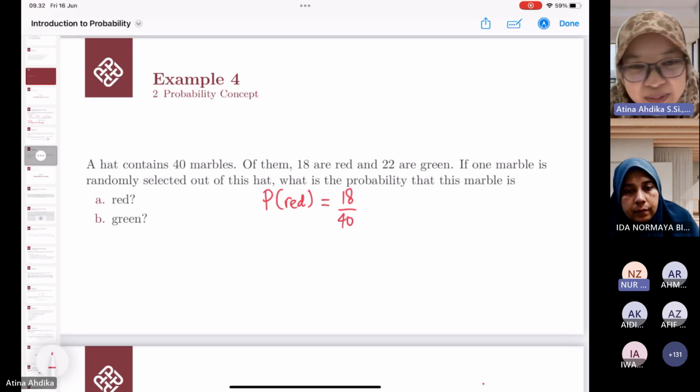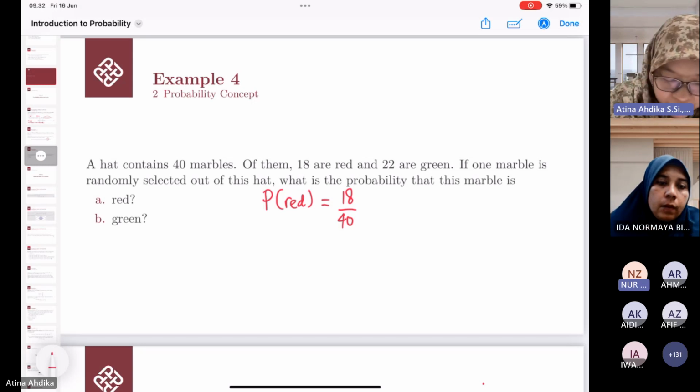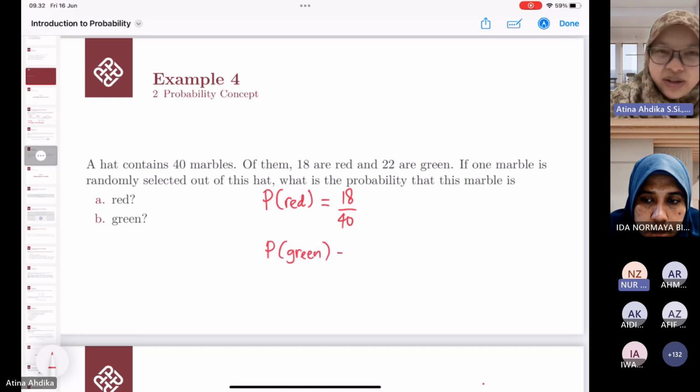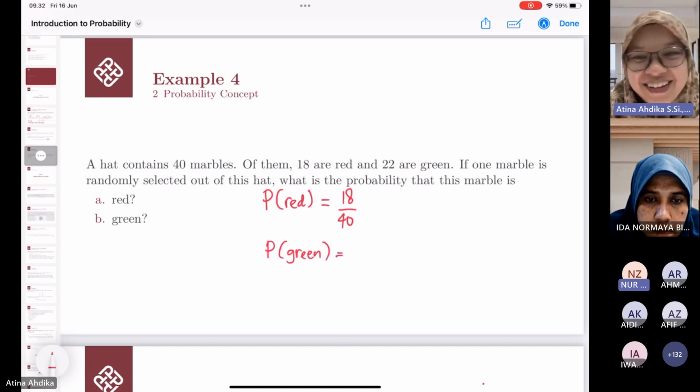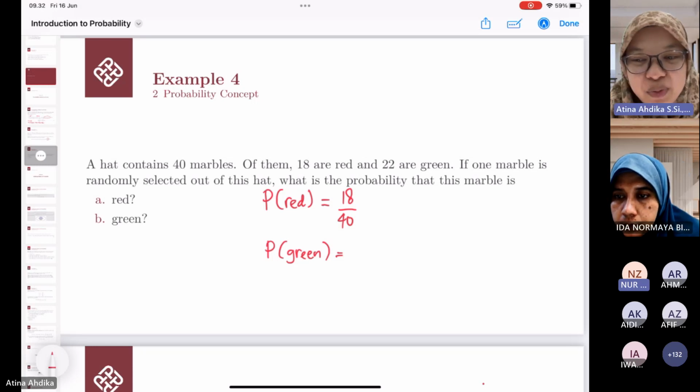Okay, thank you, Nur Amalina. And then what is the probability that the selected marble is green? Can anyone answer it? I think it is quite easy. Nur Tasnim, can you answer my question? Nur Tasnim Husna.